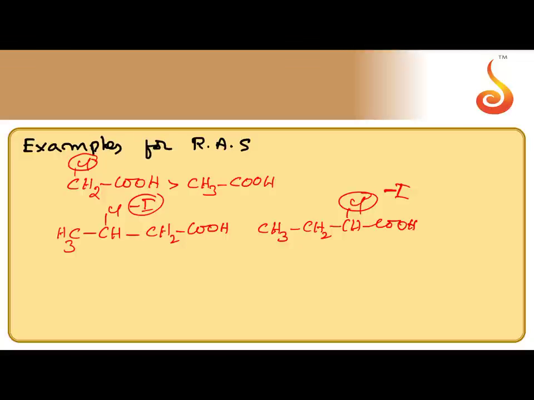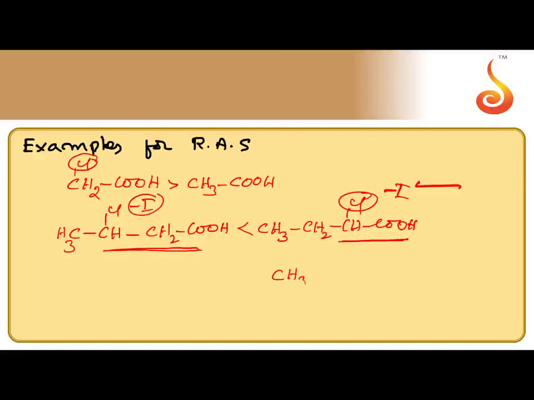Minus I effect, negative inductive effect, withdrawing nature increases with the decrease in the distance. Here chlorine is on third position. In this case chlorine is on second position. So since chlorine is nearer to COO minus, here minus I effect is strong. That's why 2-chlorobutanoic acid is stronger than 3-chlorobutanoic acid.